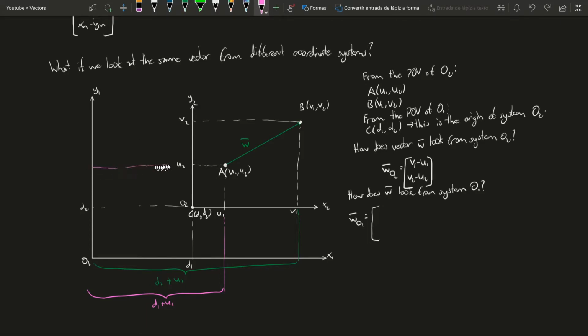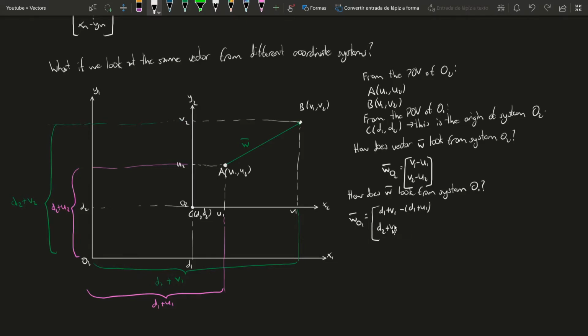Next, focus on the y-axis. From O1 to A, you have a distance of d2 plus u2. And from point B, you'll get d2 plus v2. So now you know the coordinates of points A and B when looking at them from system O1.